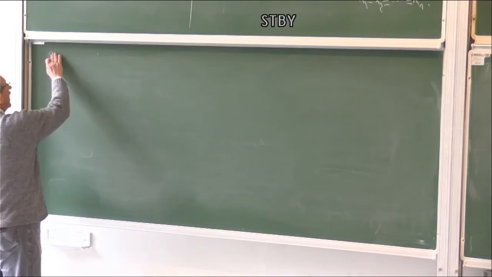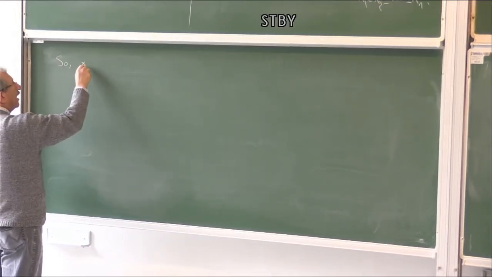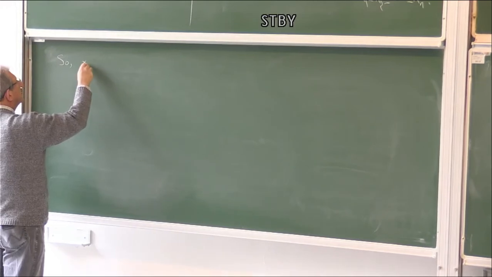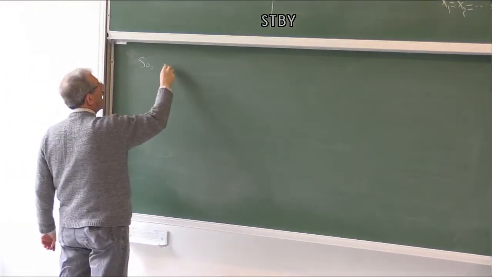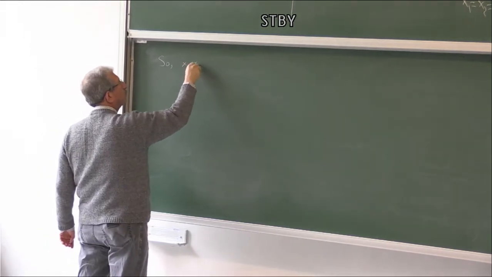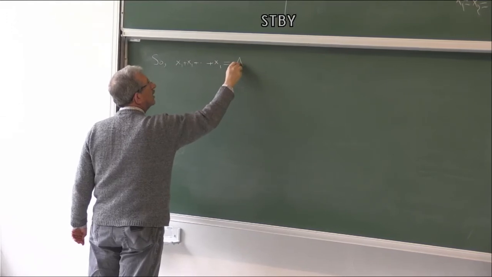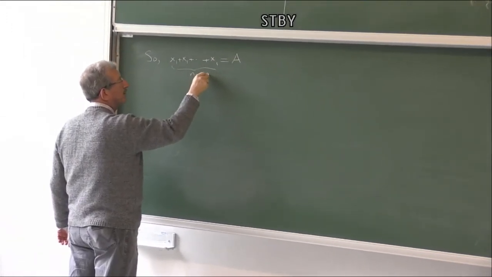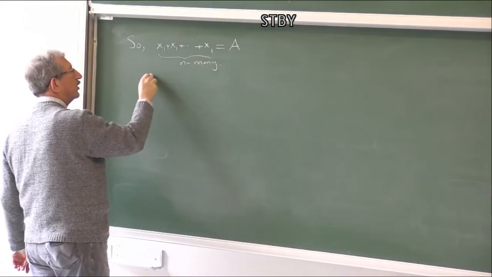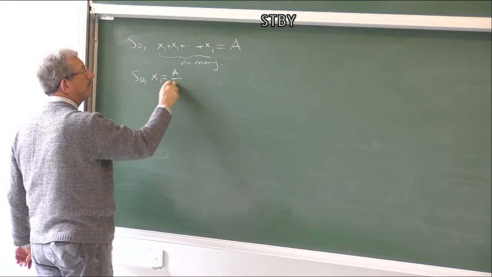Well, this says that, because they are all equal to each other, we have x1 plus x1 plus ... plus x1 equal to A. This is n many. So x1 is equal to A over n.